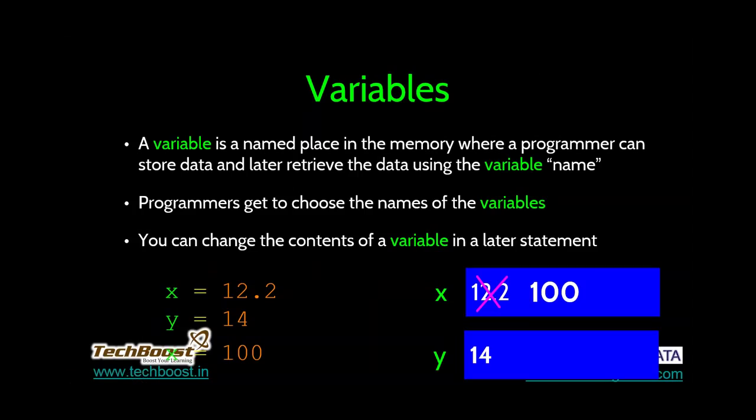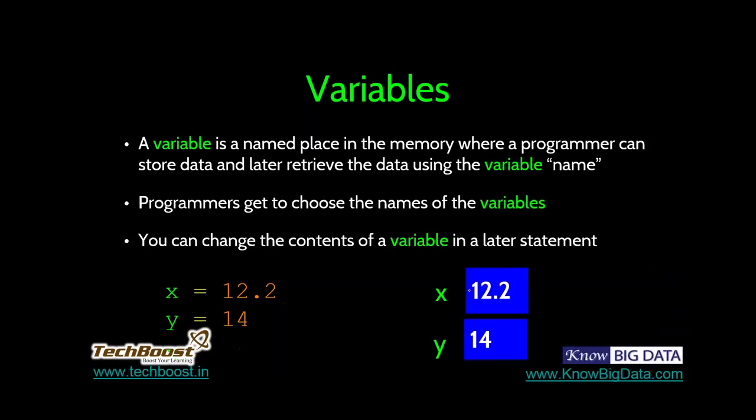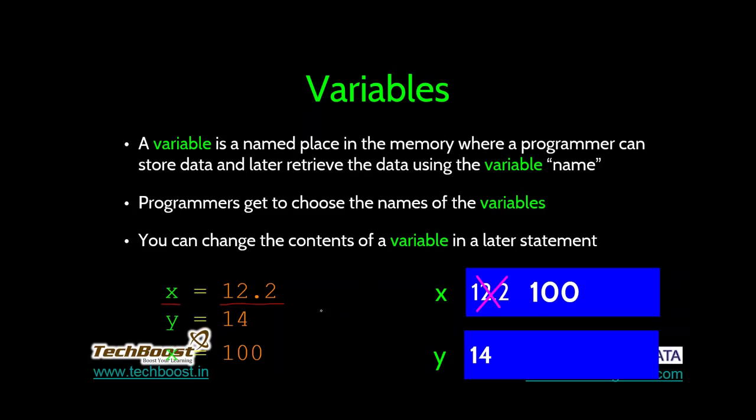As you can see, we assign the value 12.2 to the variable x, and we have this 12.2 in the memory. The box represents the memory. This memory region has the value 12.2 right now, and this memory has the value 14, which y is representing. Now in the next slide we tried changing.